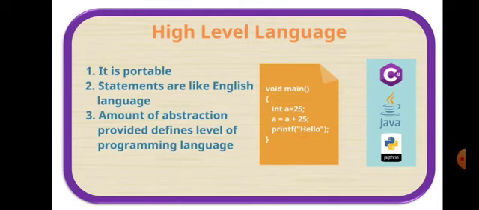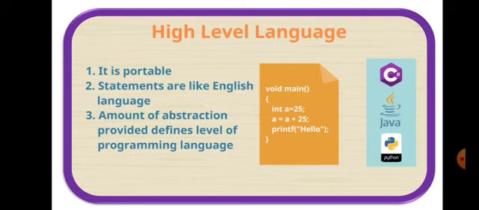And the amount of abstraction provided defines the level of programming language. Here we are seeing a new concept called abstraction. What is abstraction, children? Abstraction is the process of hiding certain details and showing only essential information to the user. Let me give you one example.